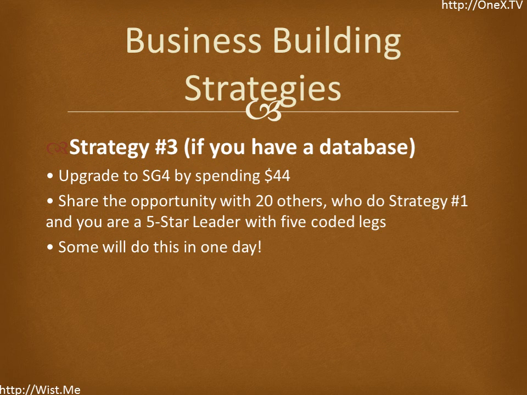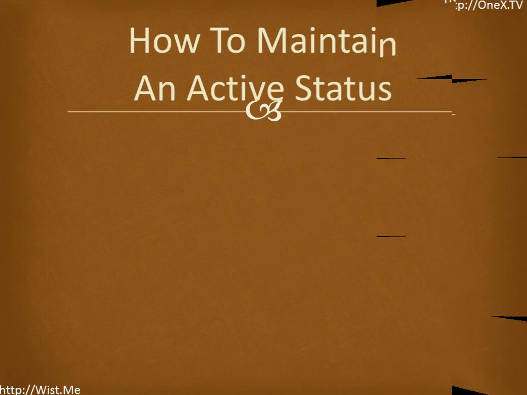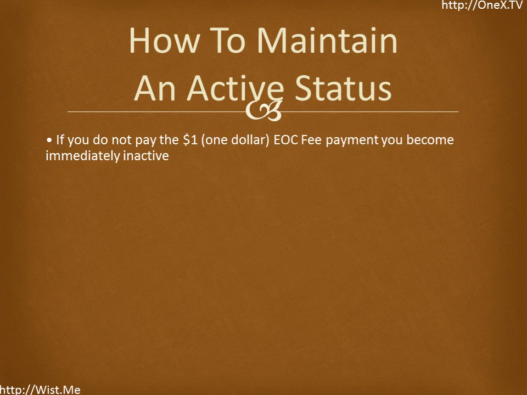Now, these 20 members, they go back to strategy 1, which means all these 20 become Stargate 4. They pay 44 and they become Stargate 4. All right. And when they have become Stargate 4, they ask 5 members in their downline to also become Stargate 4. Okay?